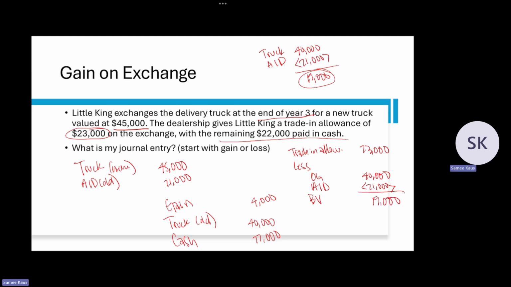So again, you're giving me 23 for something that's only worth 19. All of a sudden I have 4,000 that's going to be a gain. So that 4,000 gets plugged into the journal entry, or I can use it as a plug or a fill figure.